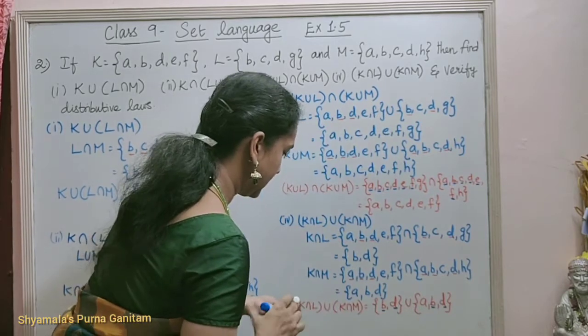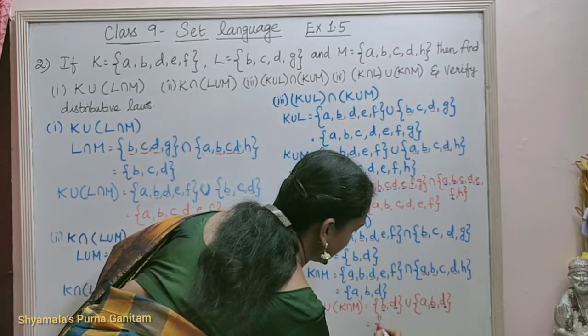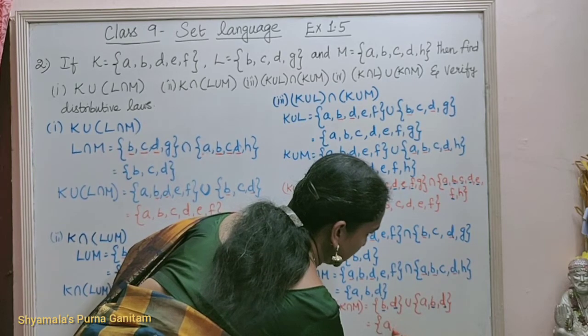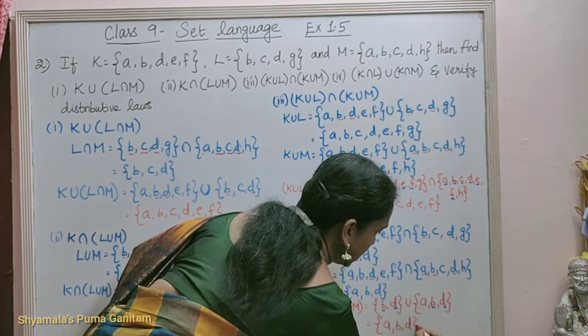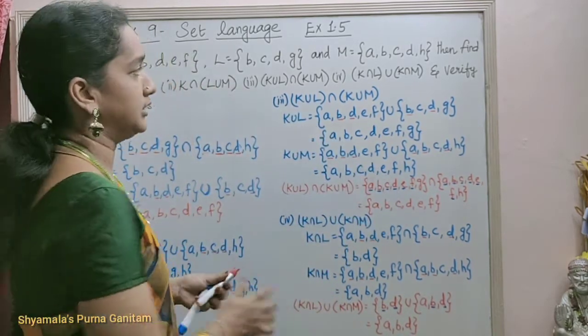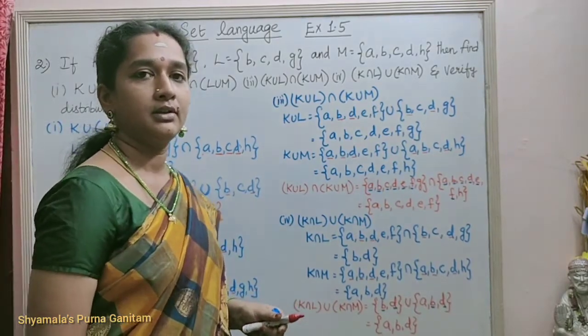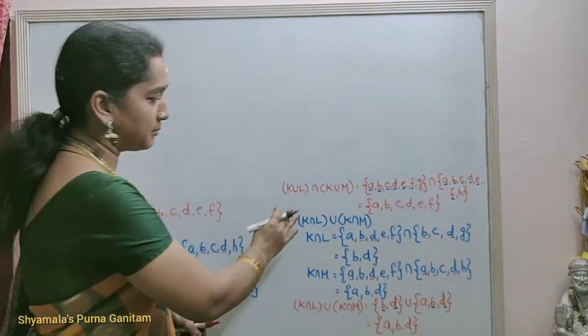So the answer for this, since we have to find the union of the sets, is A, B, D. Okay. So 4 sums I have completed in this.